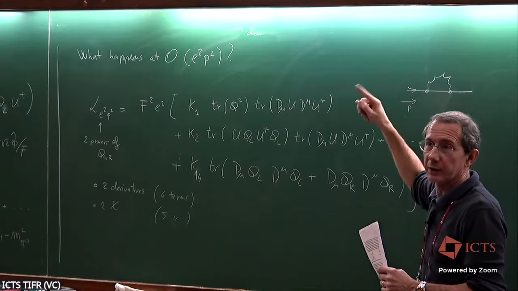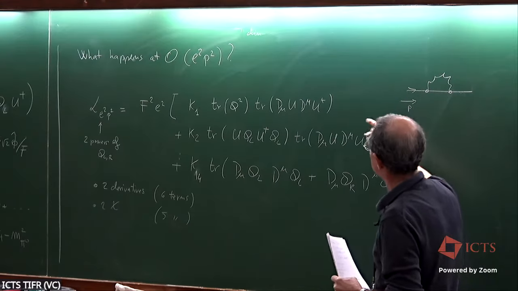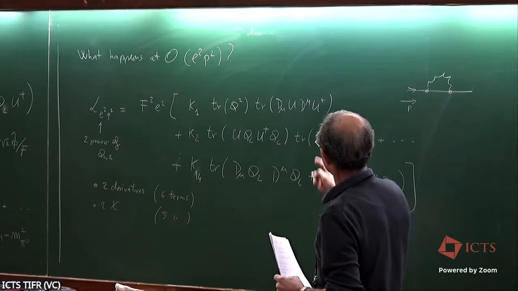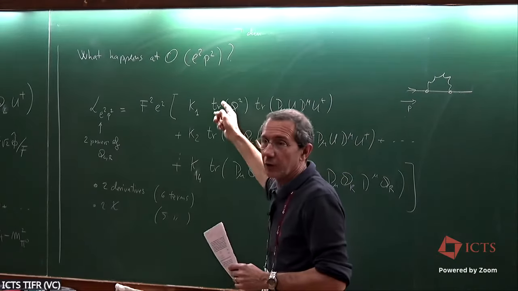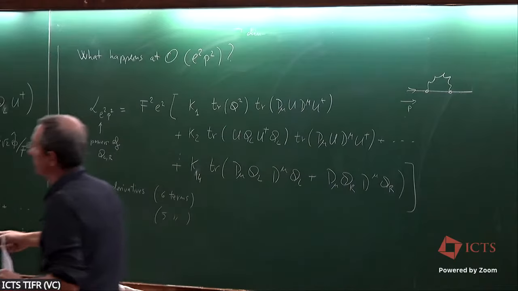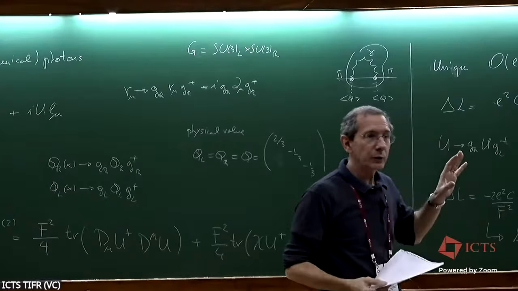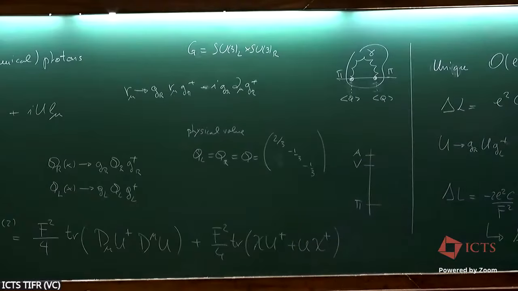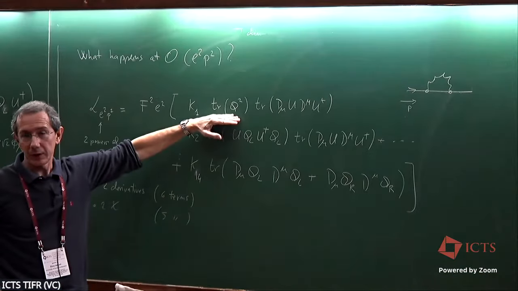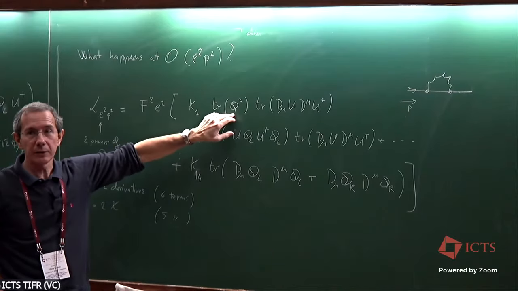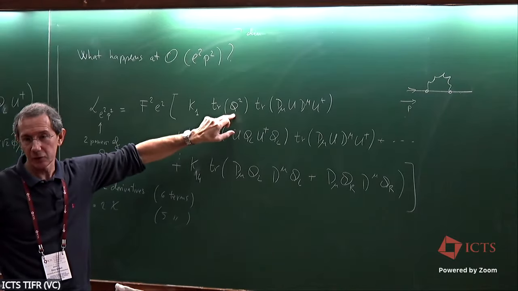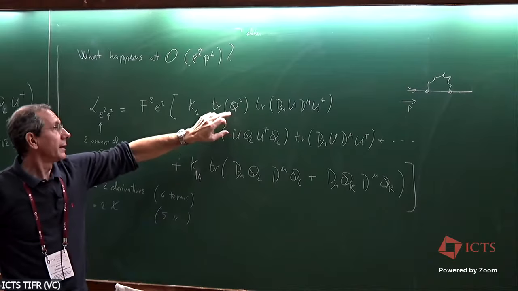If I keep the momentum dependence, this is basically a renormalization of this term here. Now there are 2 ways to discuss it. The trace of Q square will be a constant. I don't bother if it is left or right, because it's the same trace. This is just a number.